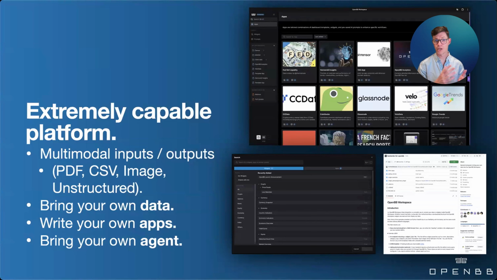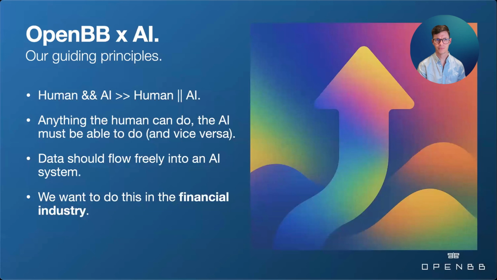We now allow you to write your own apps that incorporate all of these various pieces of data. And we want to allow you to bring your own agent. That's the thing we're really going to focus on today, bringing your own agent to OpenBB Workspace. All of these other things are true too, and we're going to leverage them.